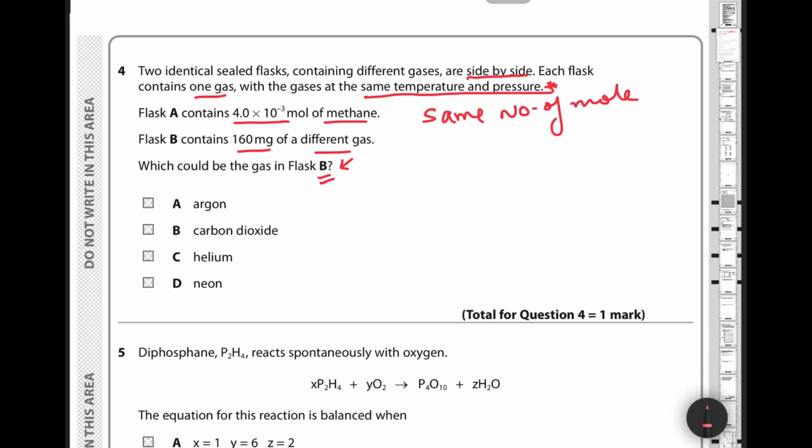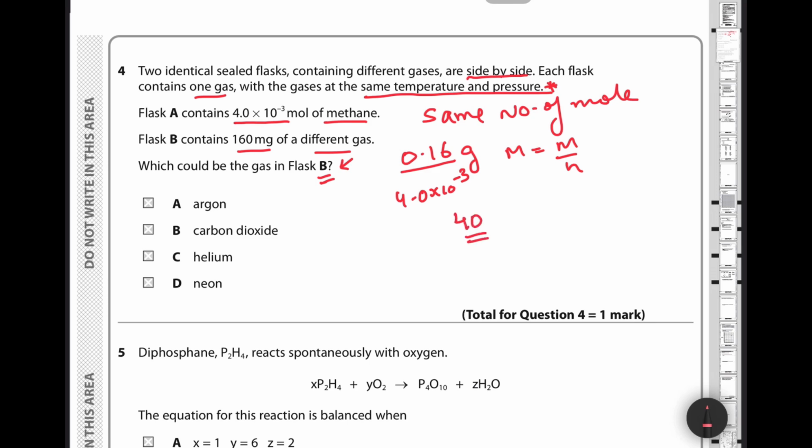So you convert the milligram into gram. So this would be 0.16 grams. You know the formula of finding the Mr. Mr is equal to mass upon moles. Mass is given 0.16 grams. Moles is 4.0 into 10 to the power minus 3. You solve it. So this will be 40.